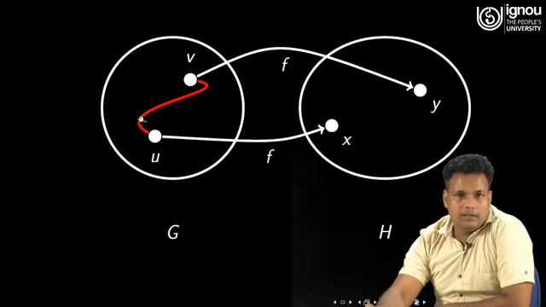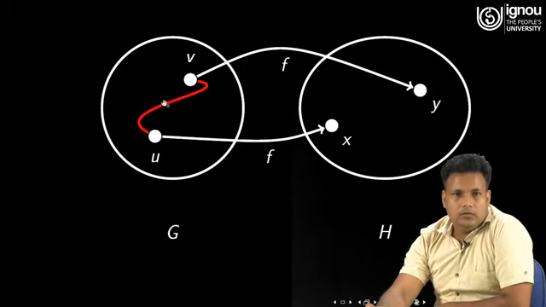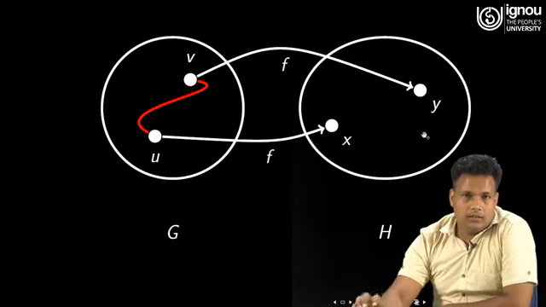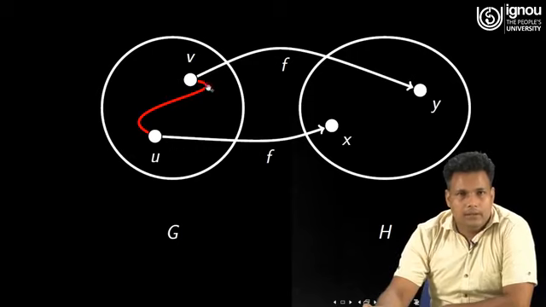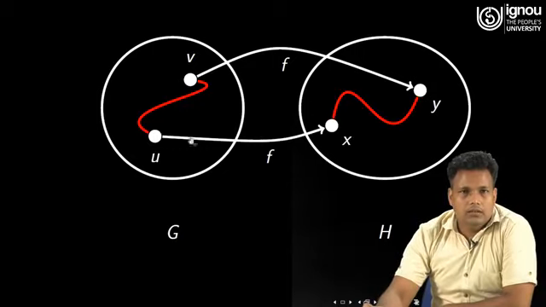If W1 is adjacent to U, then the image of W1 under F, that is F W1, would be adjacent to X, because F is an isomorphism. Similarly, W2 is adjacent to W1, so F W2 would be adjacent to F W1. In this way, the image of this path becomes an XY path in H. Thus, if G is connected, then H is also connected.